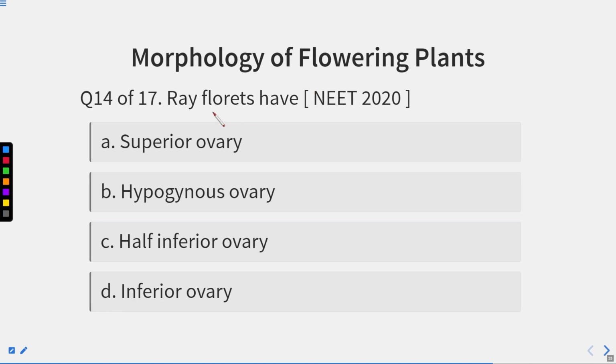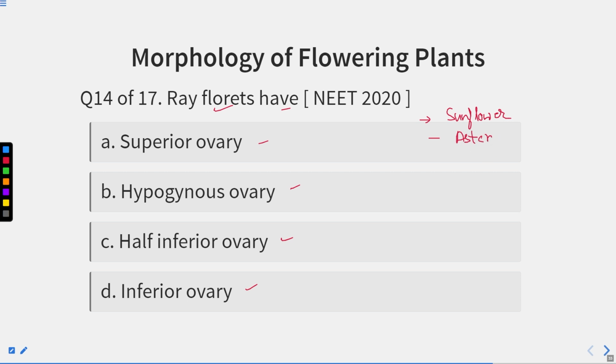The next option is ray florets. Have superior ovary, hypogynous ovary, half inferior ovary, or inferior ovary. So ray florets are seen in which? Sunflower. They are seen in sunflower, or you can say these are seen in the members of the family Asteraceae.